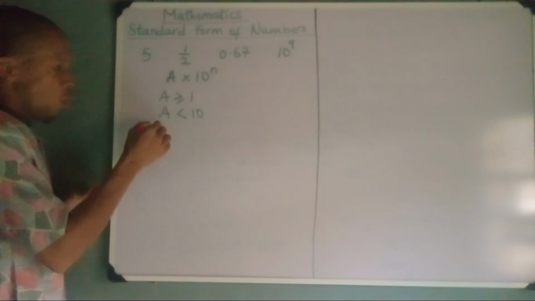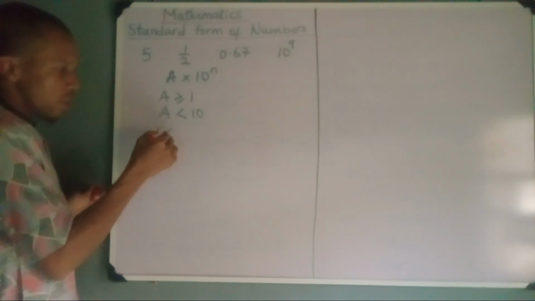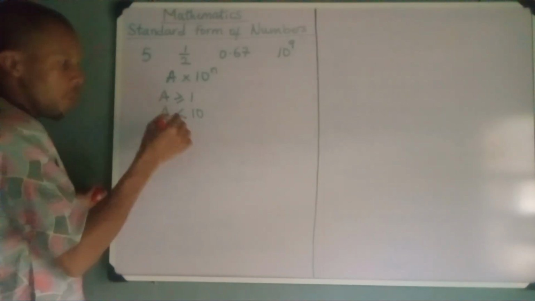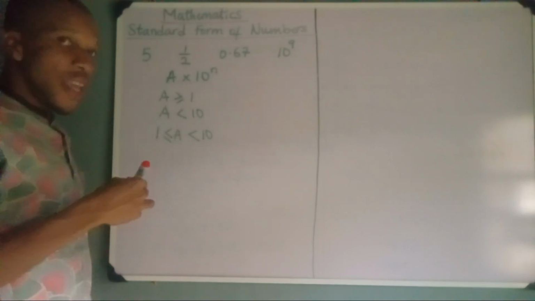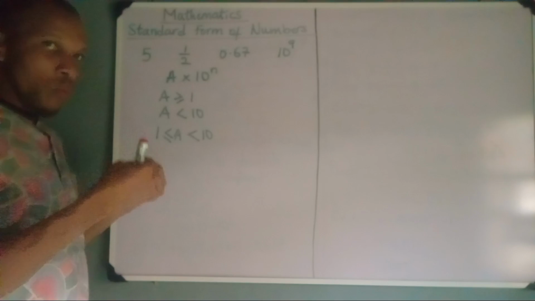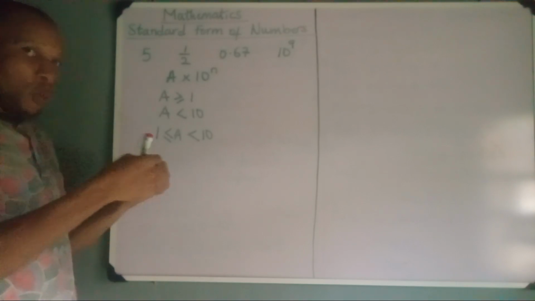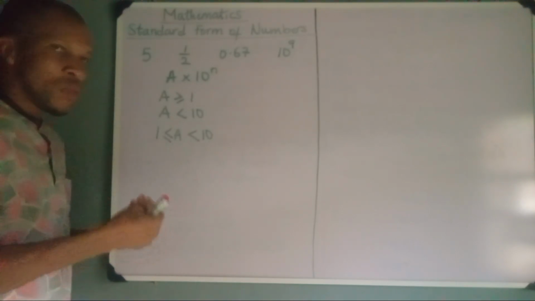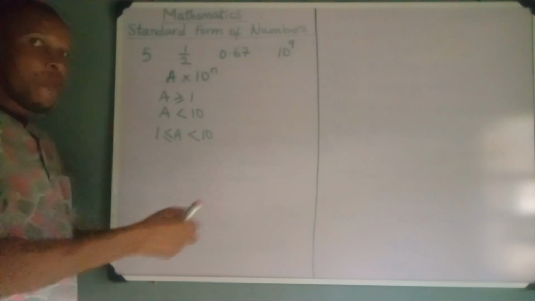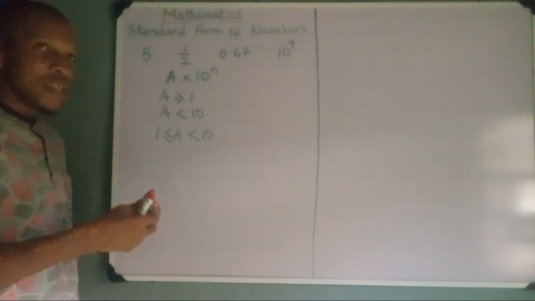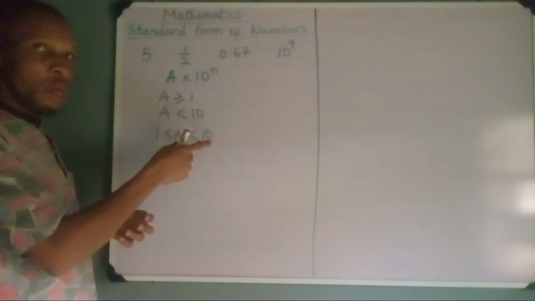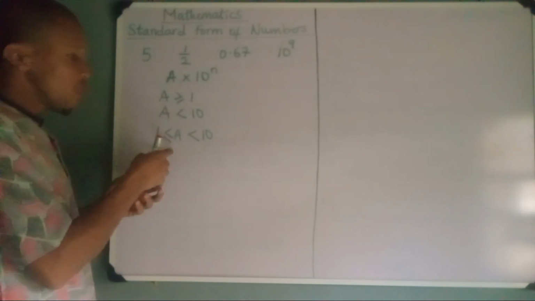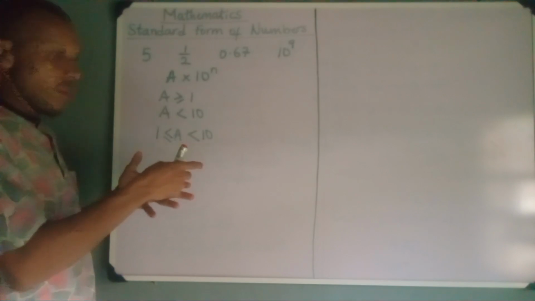We mean 1 should be less than or equal to a, but a itself should be less than 10. That means a can be 1.0, 1.1, 1.2, 2, 3, 3.5, 4, 4.5, 5.5, 6, up to 9.9999, but it cannot be 10. So a has to be a unit digit.